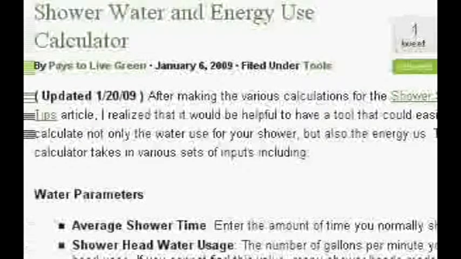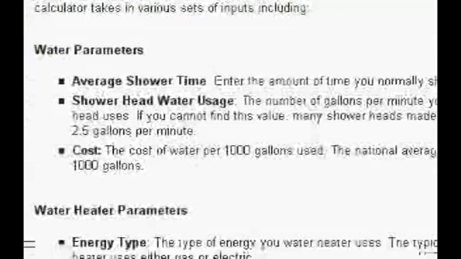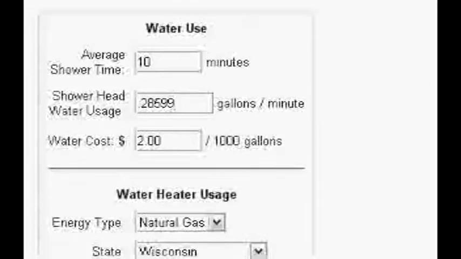At the top of it is just some general descriptions of the calculator and some instructions. We're going to skip all that because we're not using that as it's intended. And to start with, you'll see shower head usage. Well, it's a faucet, so as such, this is in gallons per minute. Well, we're doing gallons per hour, and this is what we're using per hour.